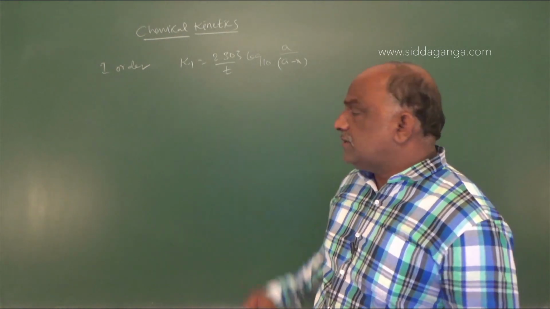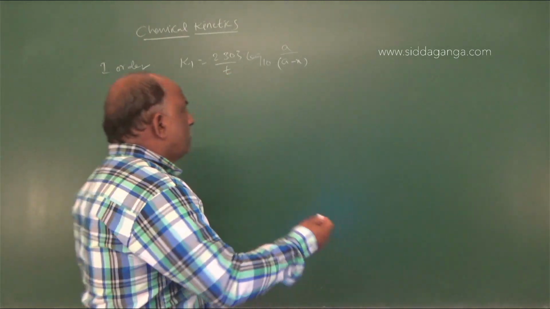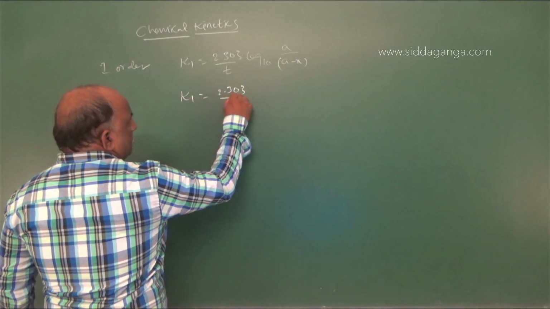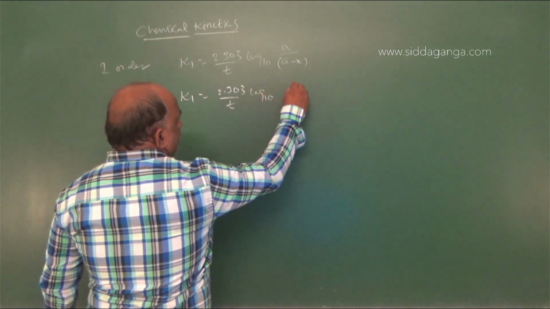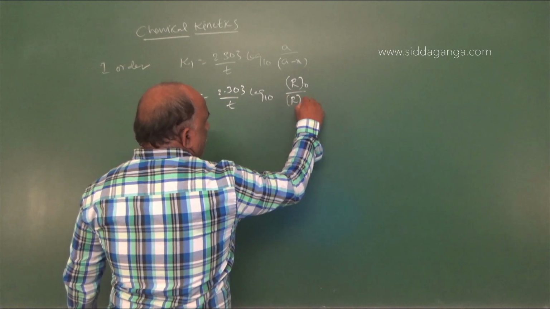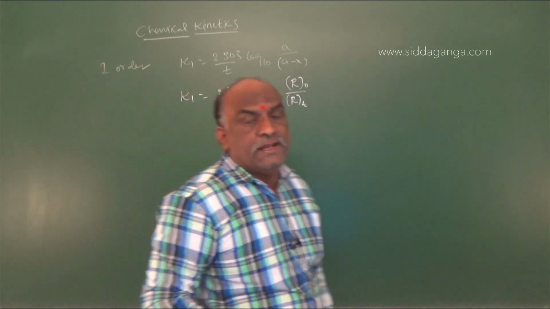Or according to our NCERT, we should go with K1 is equal to 2.303 by t log base 10 R naught by Rt. What does Rt mean? It is a minus x.